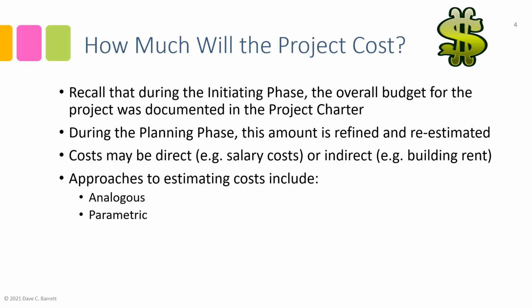Let me give you an example. For anyone who's planned or will plan a banquet or dinner, one of the costs that you need to predict is the cost of the food. Now, if you contact caterers and you say, okay, I want this type of food and this type of dessert and so on, they'll be able to provide you a cost per unit.